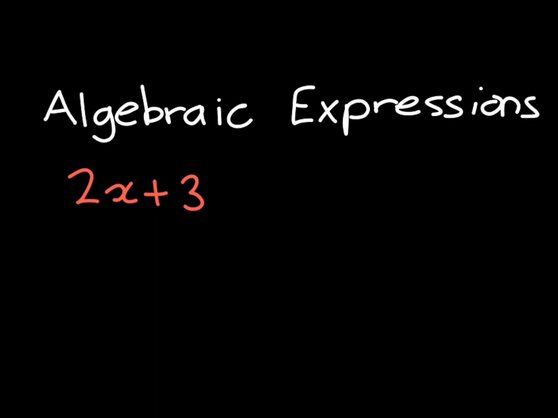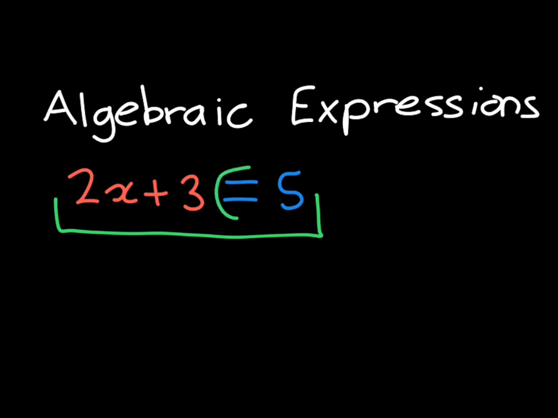As you can see, there is no equal sign. If I were to add an equal sign, and let's say this equals 5, I no longer have an algebraic expression. This is now classified as an algebraic equation, because remember that equal sign turns this into an equation.